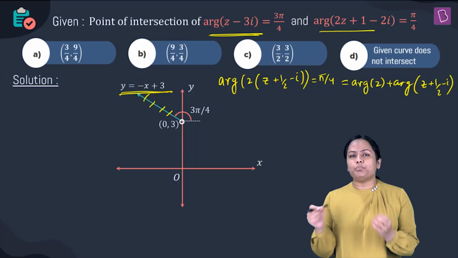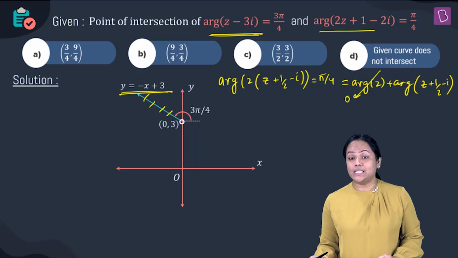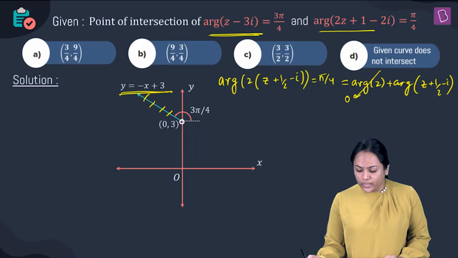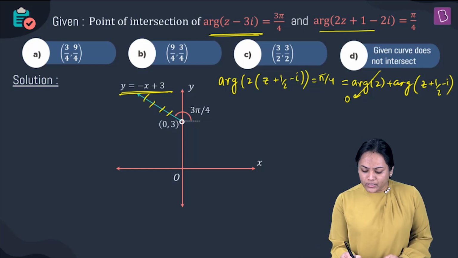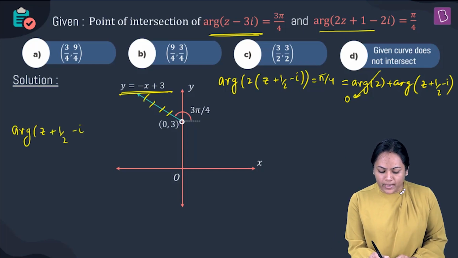And now tell me, what is argument of 2? Well, 2 lies on the positive real axis. That means its argument is nothing but 0. That means I am finally left with the condition that argument of z plus 1 by 2 minus iota is equal to pi by 4.